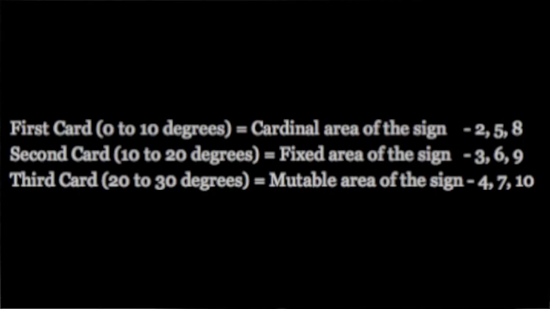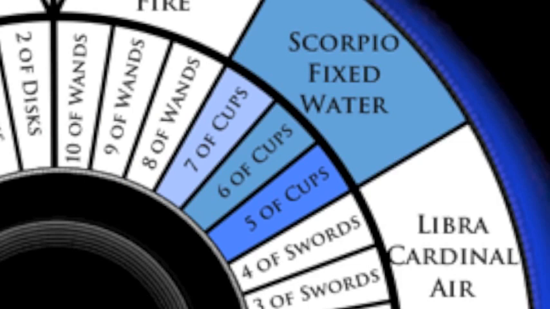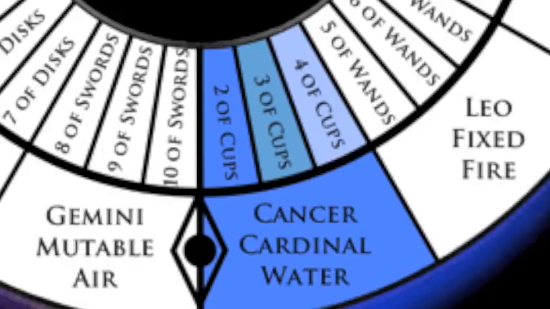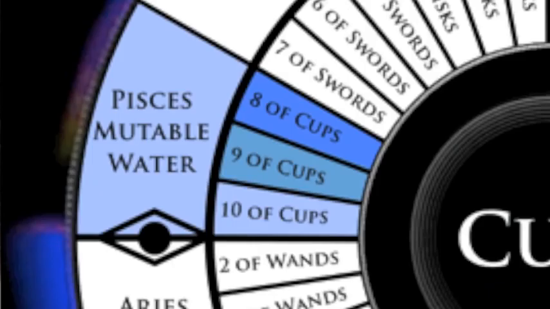So if we take that sun placement in Scorpio that I discussed, at 15 degrees Scorpio, which is indicated by the 6 of Cups decan, this means that this individual is a quote-unquote double Scorpio, or double fixed Scorpio, which itself also has a resonance with the 2 other fixed areas of the 2 other water signs of Cancer and Pisces, with the 3 of Cups and the 9 of Cups decans.